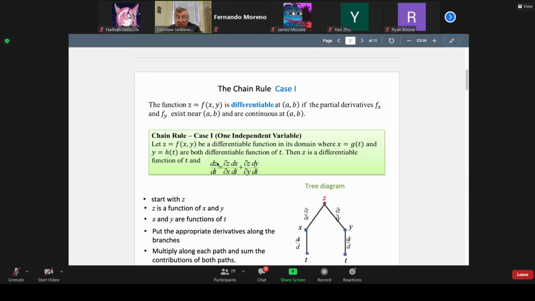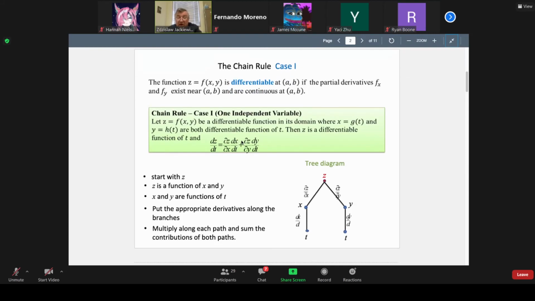And now you would like to compute the derivative of this function with respect to t. The chain rule tells you, to compute this derivative, you compute the partial derivative with respect to x, and then the derivative of x with respect to t.